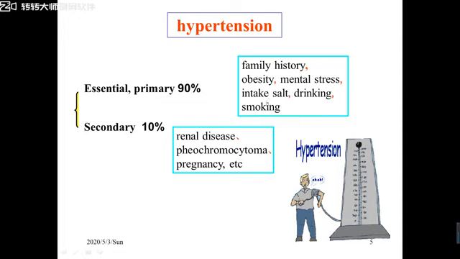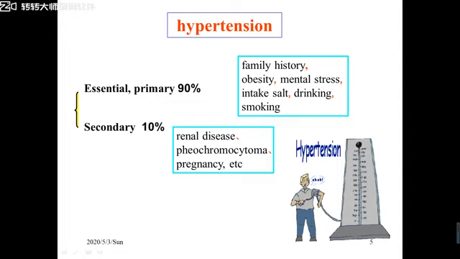The last high-risk factor is sodium salts. Intake of more sodium salts also increases blood pressure. So later when we treat hypertension, we should limit sodium salt intake.